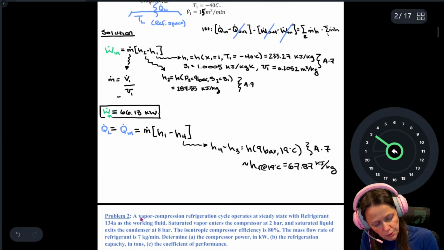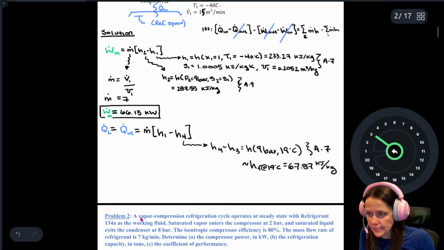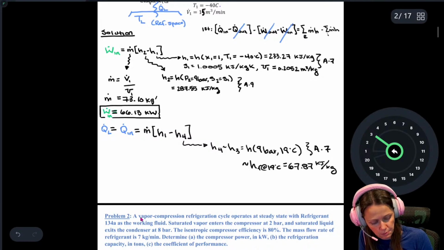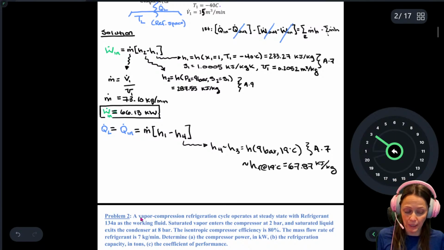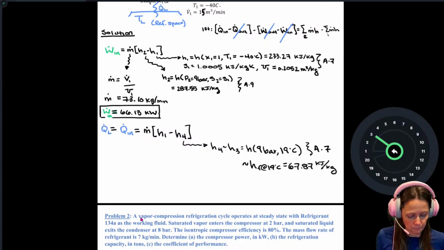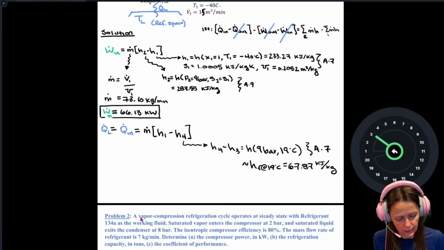And at this point, you should have already been able to plug in and get that m dot. If you want a value for it, I do get one. It's 73.10. I've got it in kilograms per minute just because that V dot was in 15 meters cubed per minute, so per minute. But you can easily convert that to seconds.